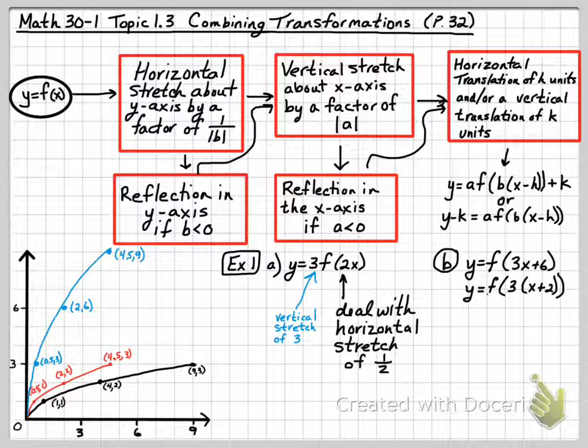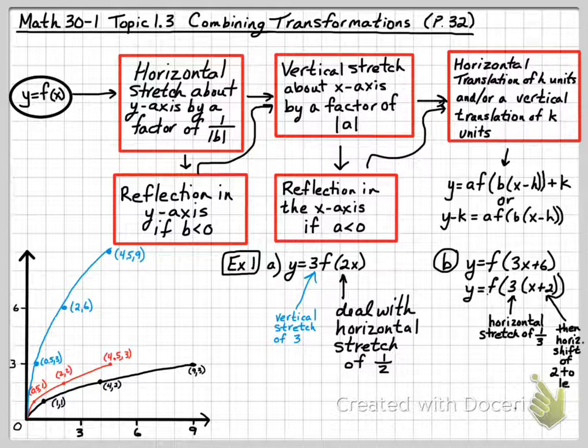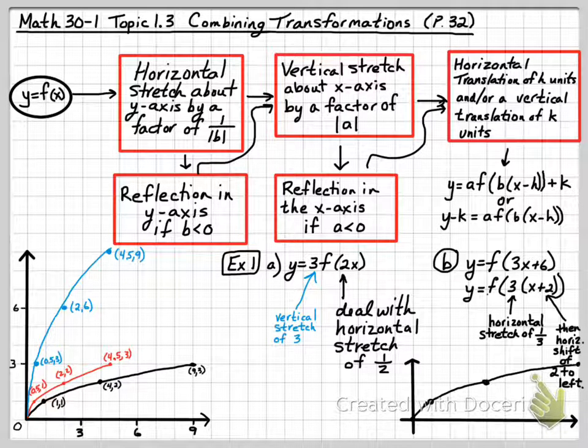So now what I can say is that I'm going to have a horizontal stretch of 1 over 3, and I'm going to have a horizontal shift of 2 units to the left. So I'm going to start my graph over and draw it in black. Same one I started with before, with points at (0, 0), (1, 1), (4, 2), and (9, 3).